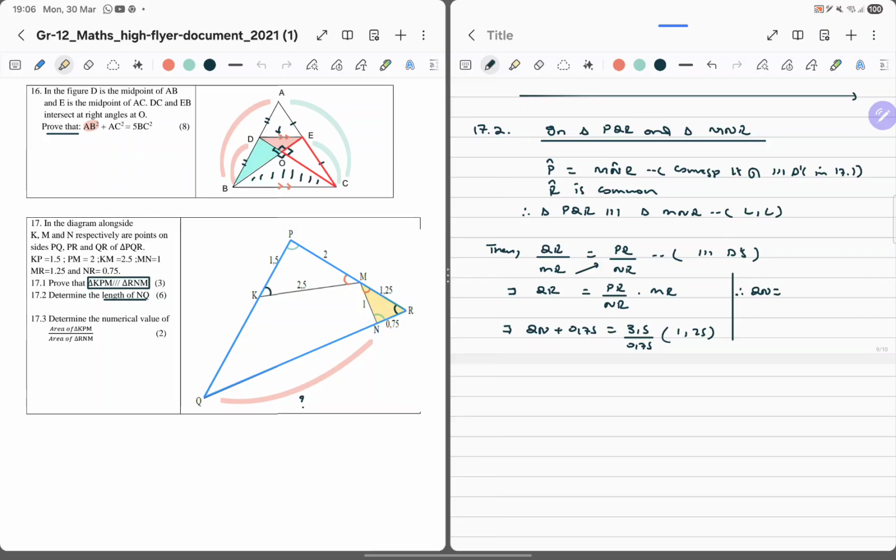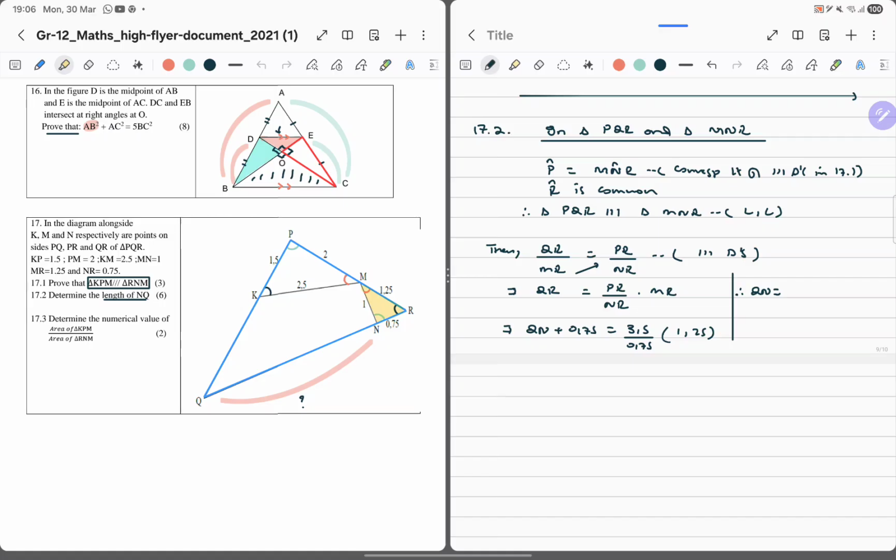So guys, I'm gonna move quick so you know what to do there. It's gonna be 3.5 divided by 0.75 times 1.25, minus 0.75.